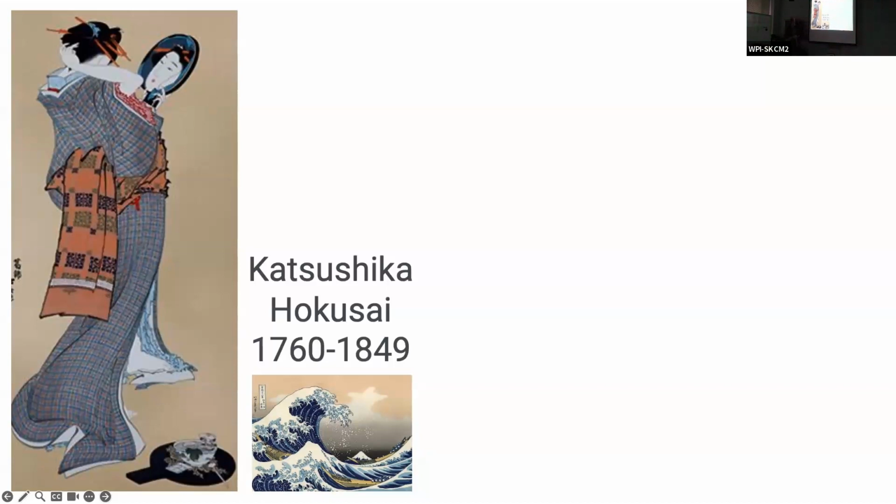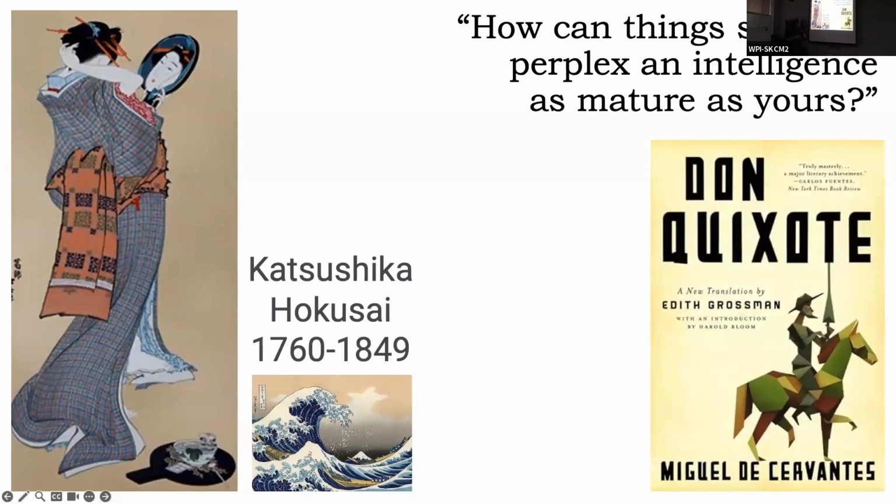And this is a print by the great Japanese printmaker Hokusai of a woman looking in a mirror, but of course everybody knows him for his iconic wave. And the great Spanish novelist once said, "How can things so trivial perplex an intelligence as mature as yours?" How does a mirror work?